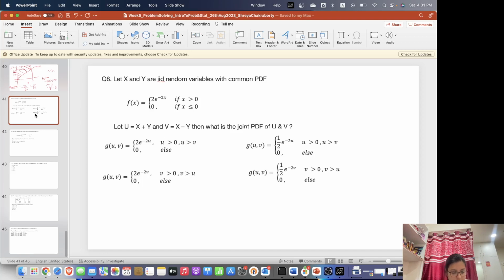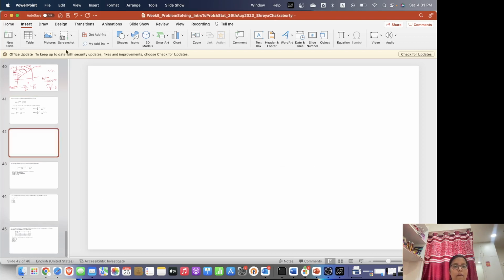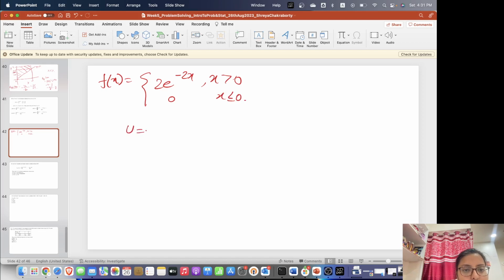So the way to solve this is as follows. So you have f(x) equal to 2 e to the power minus 2x, for x greater than 0. We have u equal to x plus y and v equal to x minus y.